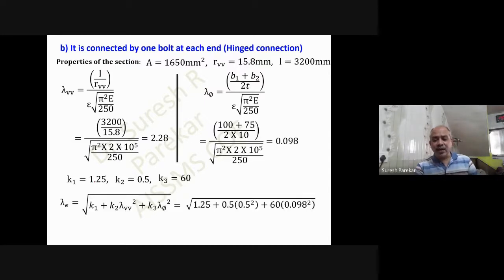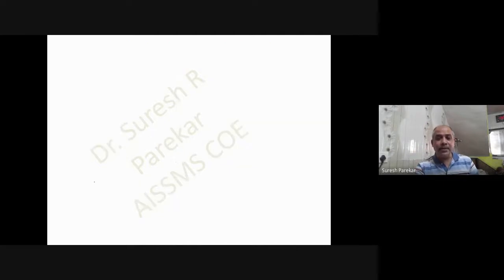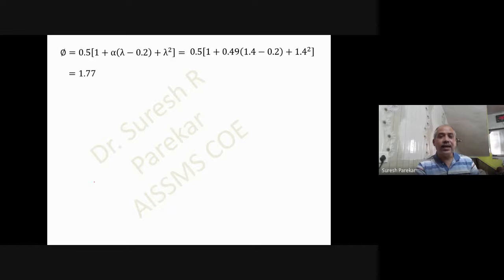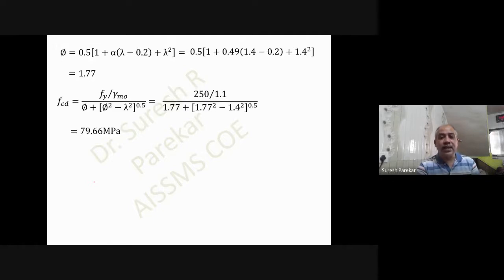From this I got the value of lambda e, which will be 1.4. Now knowing this value of lambda e, we can find phi, and that value of phi we got as 1.77. Knowing this value of phi, we are in a position to calculate the value of fcd, and we got this value of fcd 79.66 MPa.